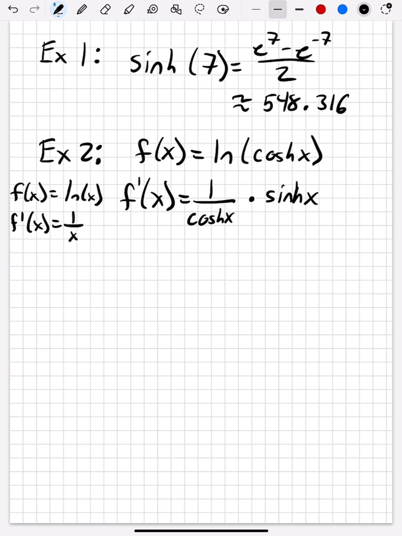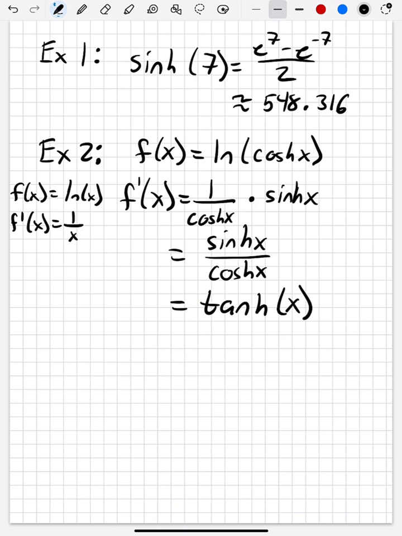It's just the hyperbolic sine of x. And rewriting that to be the hyperbolic sine of x over the hyperbolic cosine of x, we get that the derivative is the hyperbolic tangent of x.